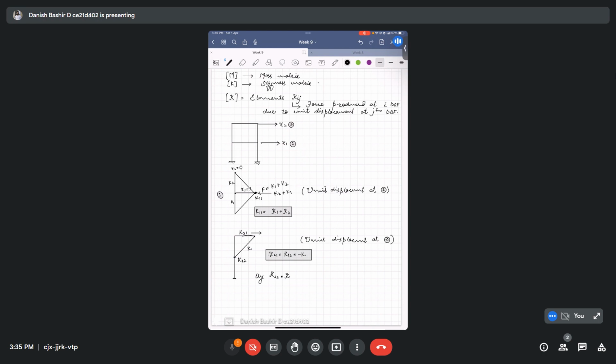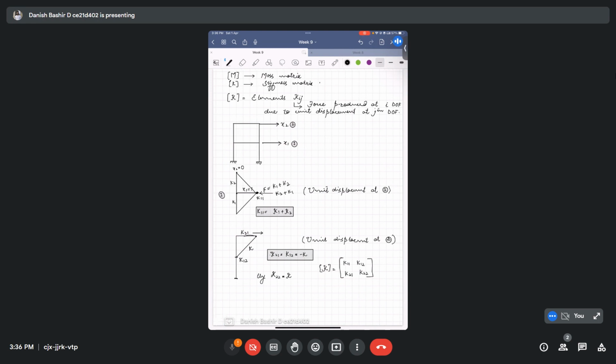So our stiffness matrix finally will look like this. K is equal to K11, K12, K21, K22. We substitute all the values here.